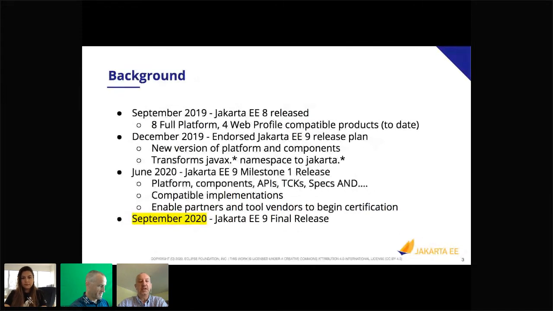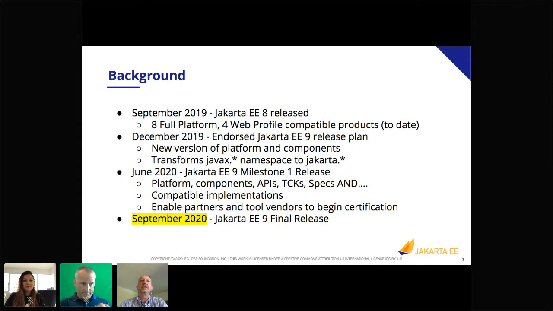So we've actually got a substantial community of users delivering implementations, and I counted on the order of 20 plus, which are currently available today that are using the Jakarta EE9 APIs.